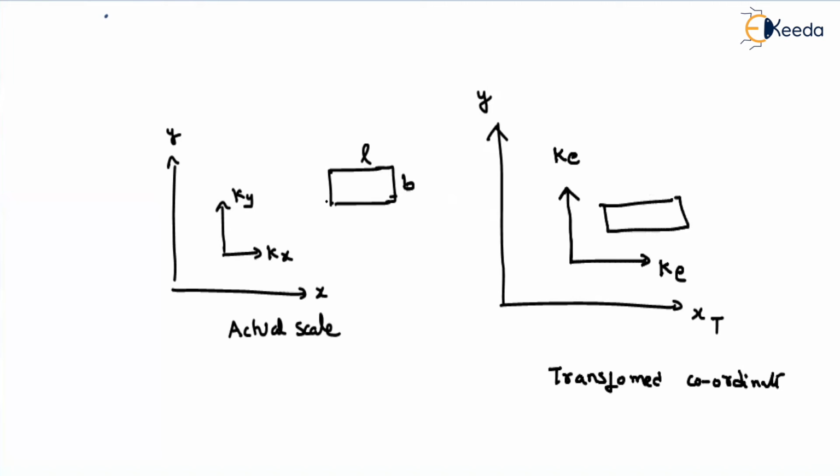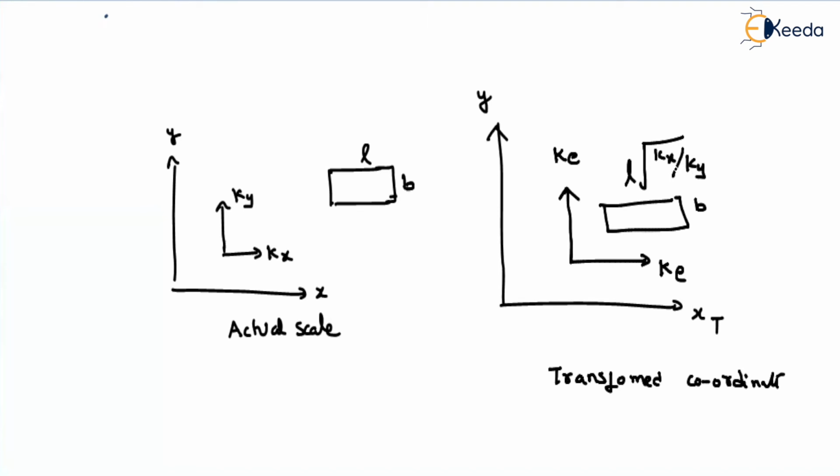We are changing the coordinate x, so along the y coordinate it remains the same. Whatever the x dimension, which is L, it becomes L into under the root kx divided by ky. Since you are transforming the x coordinate, it will be under the root kx divided by ky.